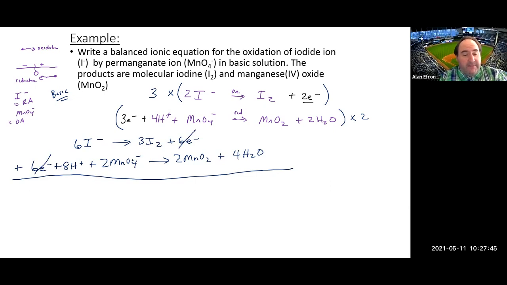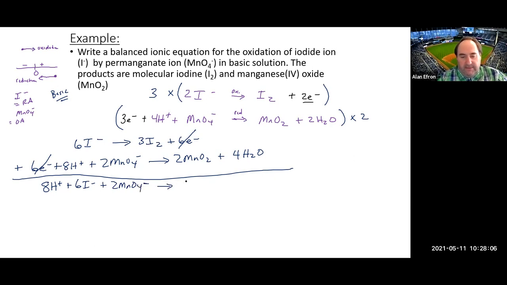Again, anything on opposite sides of the arrow that are the same thing can either cancel out or reduce down. If we do that, we are now left with 8 H pluses on the left plus 6 iodides plus a couple of these guys.